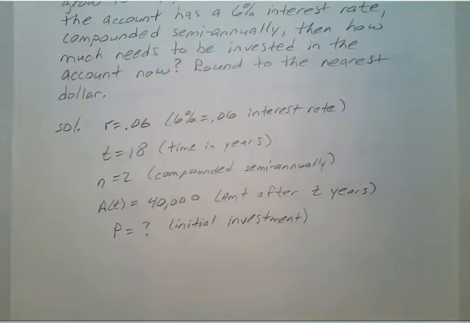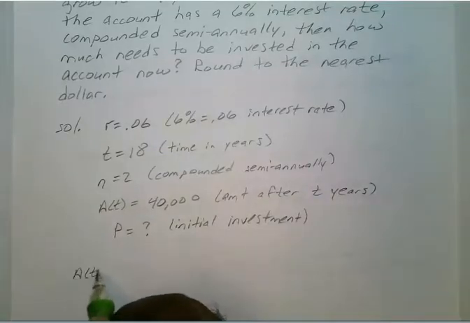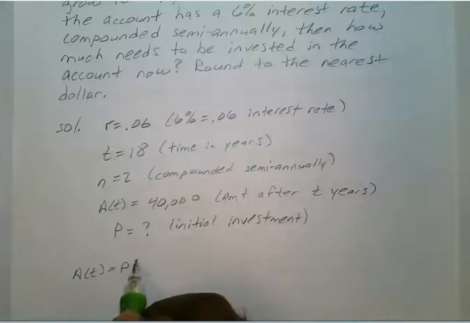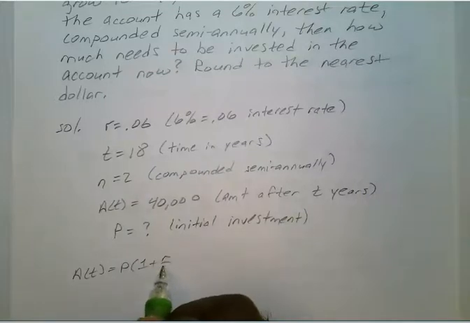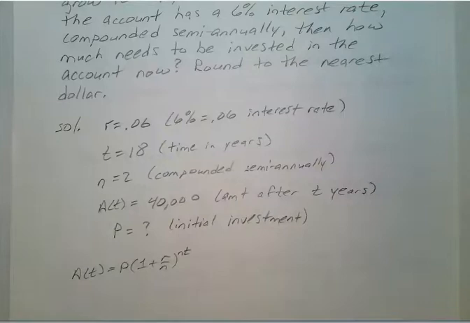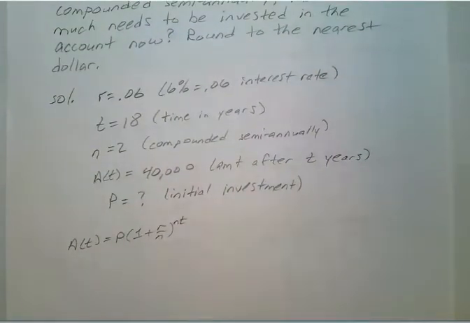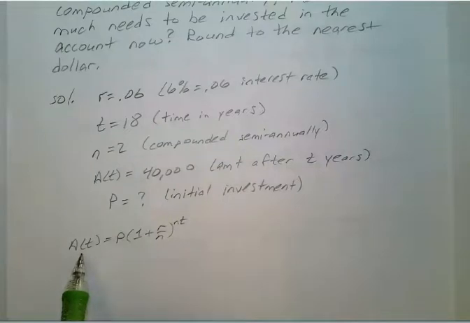Okay, so just like before, we're going to plug everything in. We have A of t is equal to our principal times 1 plus r over n to the power of n times t. Our A of t is 40,000.